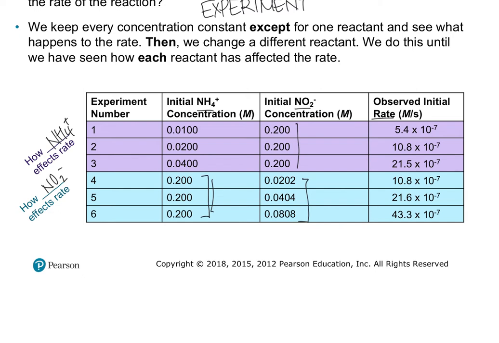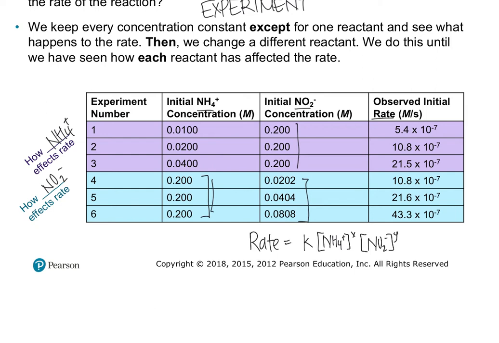So we can get this new rate law relationship where we say the rate is equal to some constant times our reactant. In this case, we'll do both reactants: NH4 to some exponent times the other reactant to a different exponent.